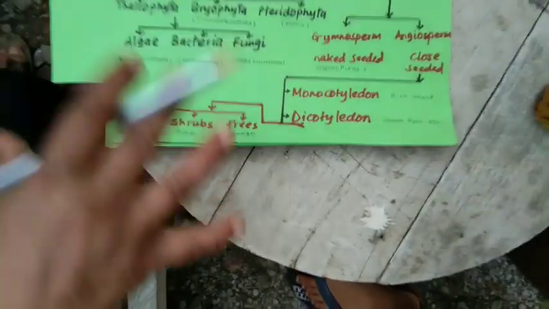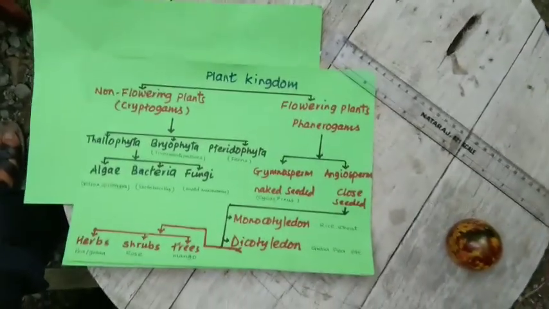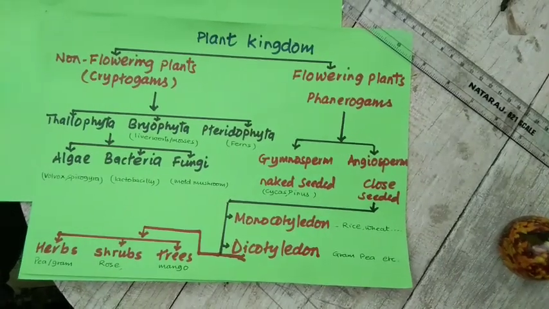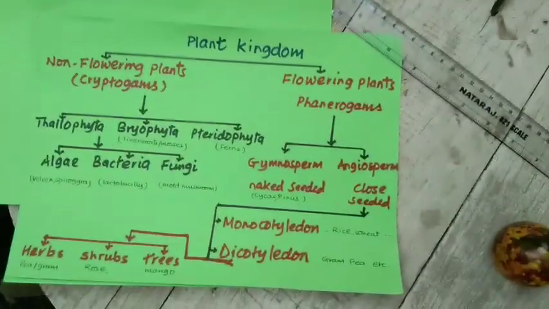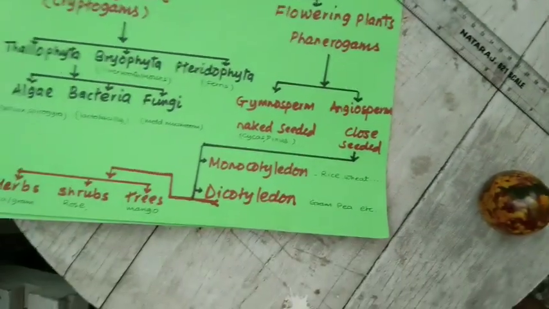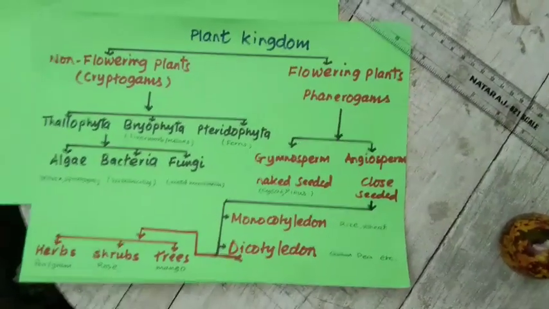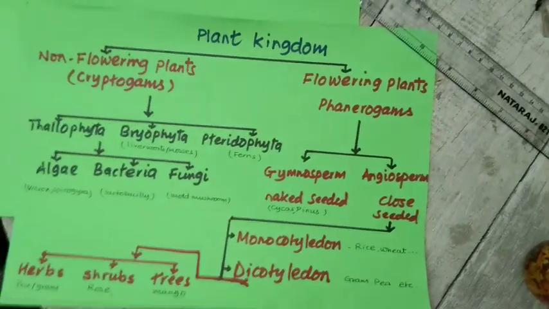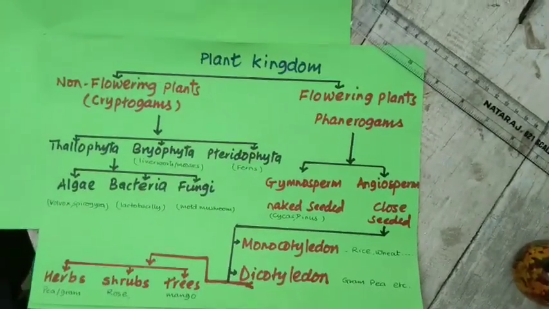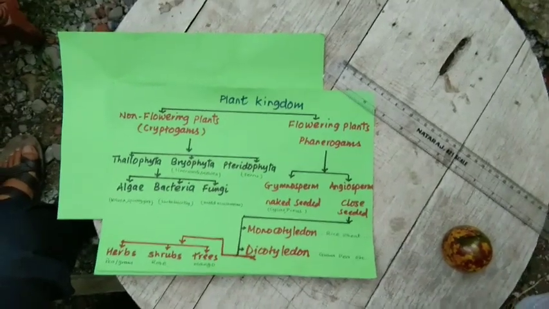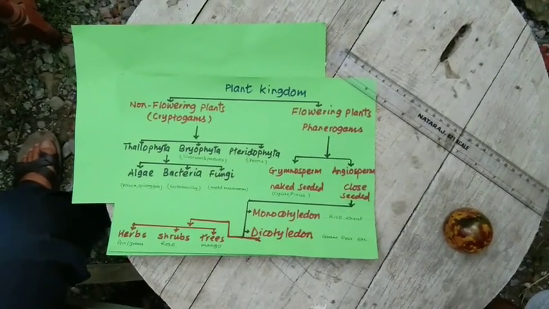So in this way I think you found where the monocotyledon and dicotyledon plants lie. Let me summarize this. In the plant kingdom there are two categories, flowering and non-flowering, and flowering plants are called phanerogams. Phanerogams are divided into two categories, gymnosperm and angiosperm, and angiosperm is further subdivided into monocotyledon and dicotyledon.